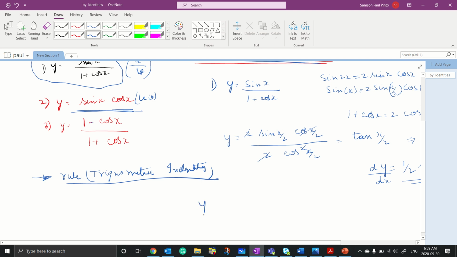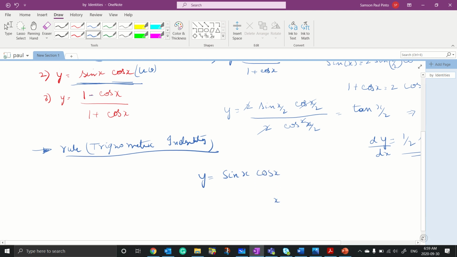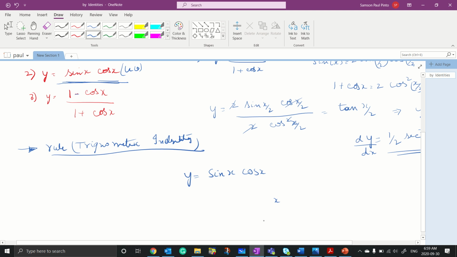Y equal to sine x into cos x, right? Now most of you, even including me, are tempted to use the chain rule, or the product rule. You can use the product rule, I wouldn't say you can't, but it doesn't add up to anything.